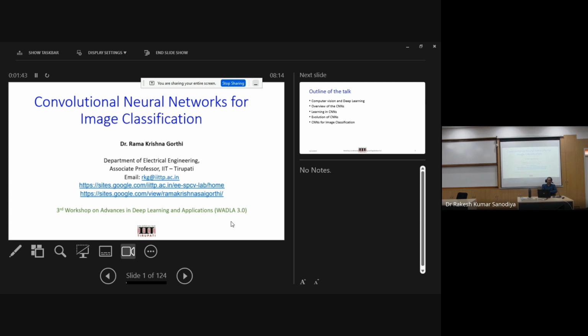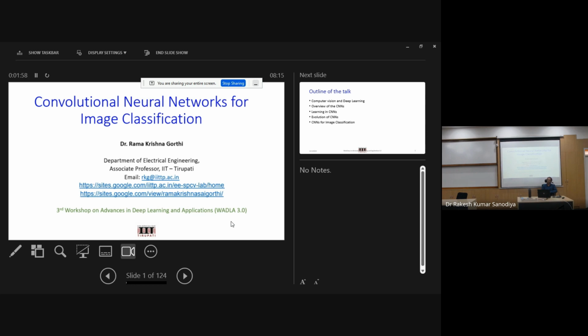I will also try to give some highlights of how these convolutional neural networks have evolved over the years and the different applications in which they are used.